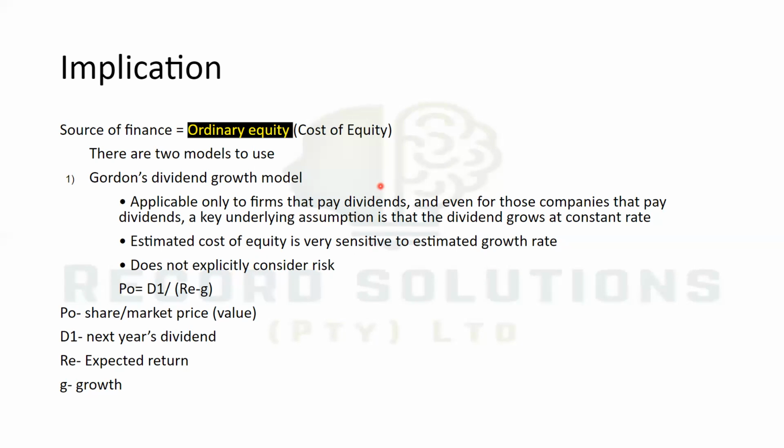So things like revaluation surplus or retained earnings, all of those things that are not instruments, may be a source of finance, but there's no way they're going to ask you to calculate the cost of that equity. Why?